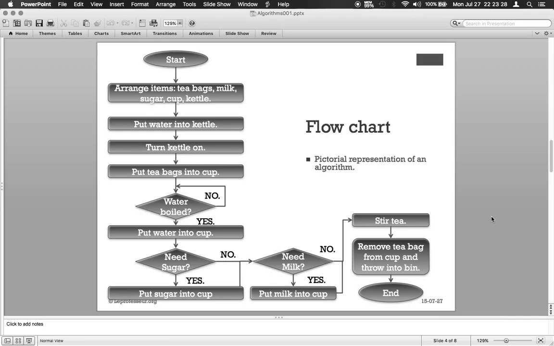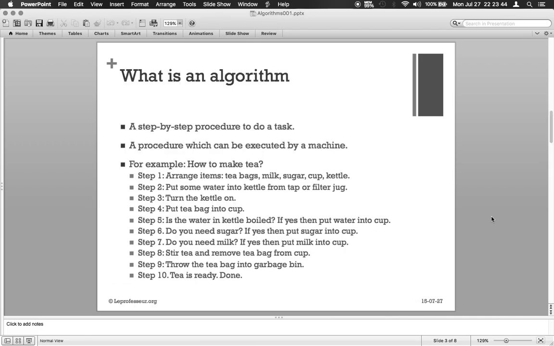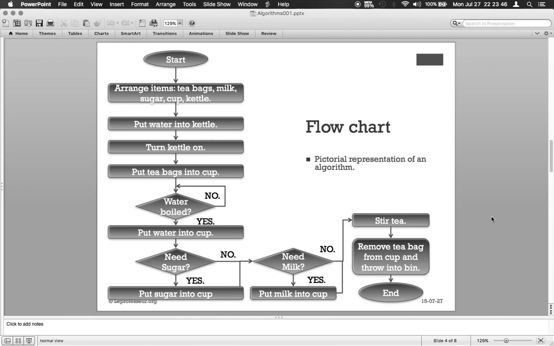However, we can break the larger tasks into smaller tasks and represent them in a flowchart notation. But once you are an expert, you don't need a flowchart. The procedure is in your head and you just come up with the algorithm in a written manner, like on this slide. Let's move forward.